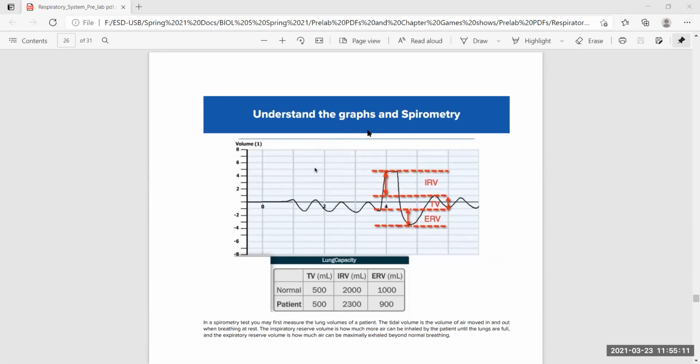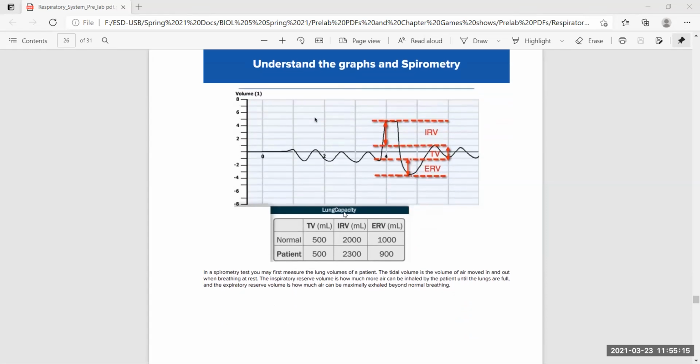This is understanding the graph of spirometry. So here in this table, you can see normal tidal volume, inspiratory reserve volume, and expiratory reserve volume are 500, 2000, 1000. And then we compare here.